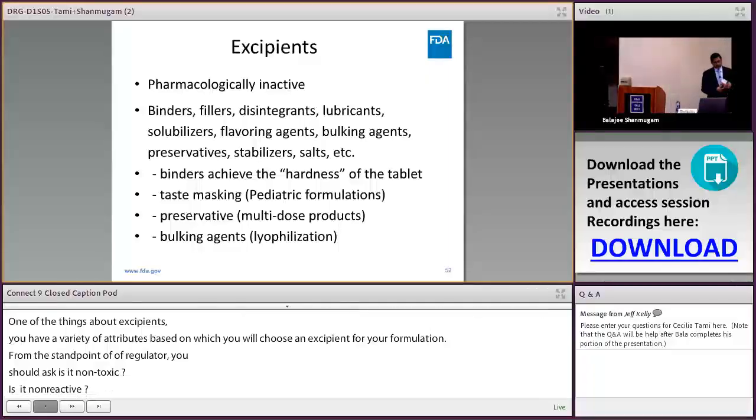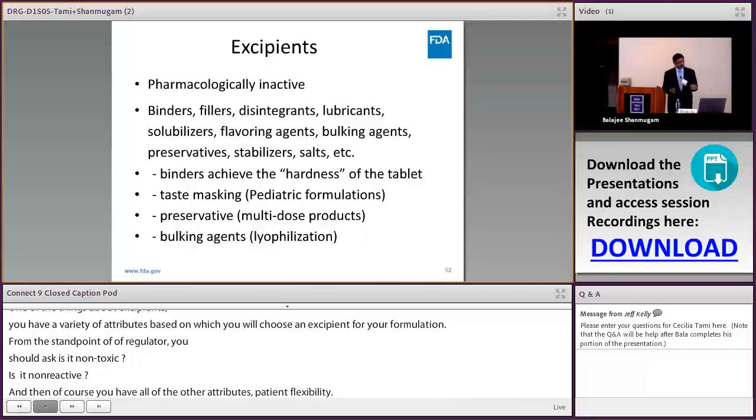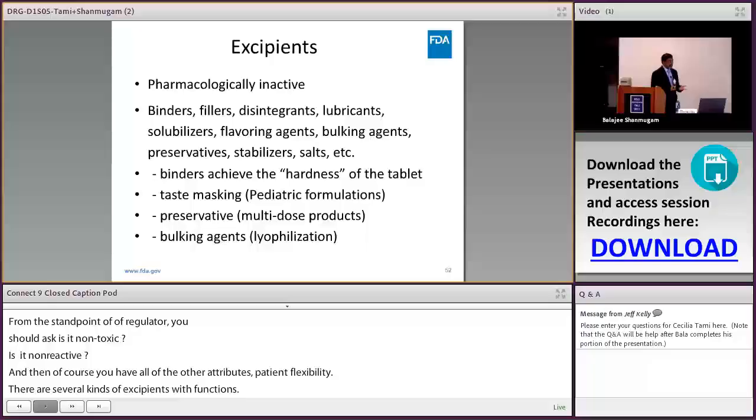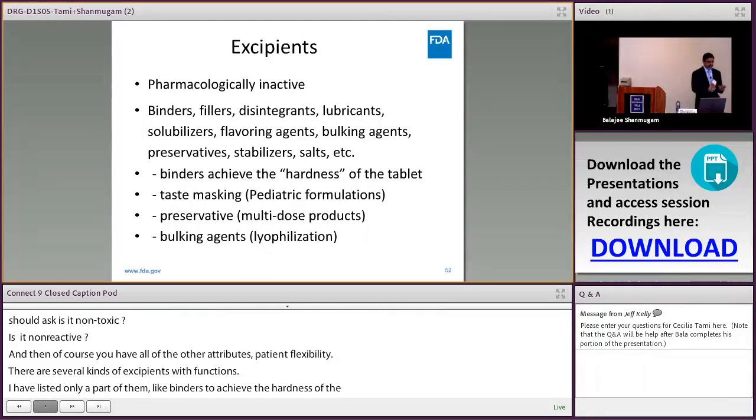Now there are several kinds of excipients with varied functions. I've listed only a part of them, like binders, which achieve the hardness of the tablet. Then you have the lubricants, which are used in manufacturing. Primarily, the excipients can be used as an aid for manufacturing, absorption, or stability, and a whole range of different functions.